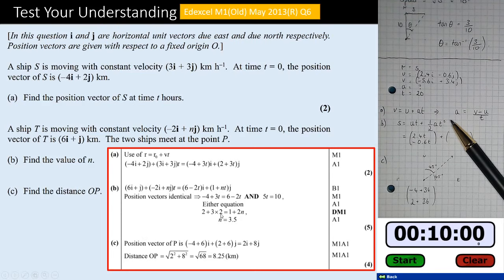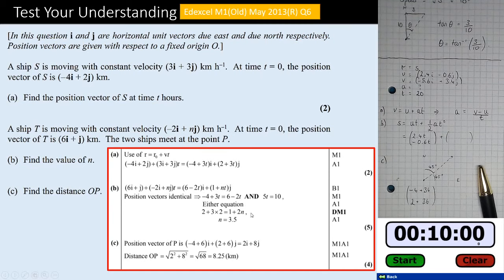Once we've done that, we just need to find out the distance from O to P, this position where they are both at the same point. Now, we can use either of the two position vectors for that, but we'll use the top one, I guess, just to make things nice and easy.